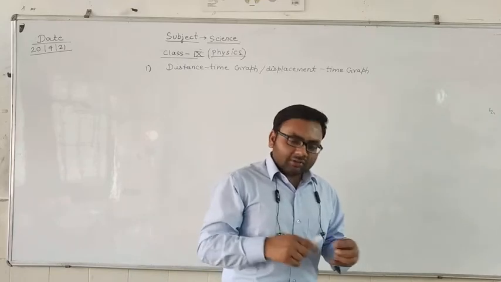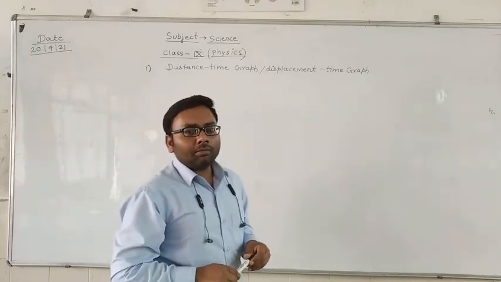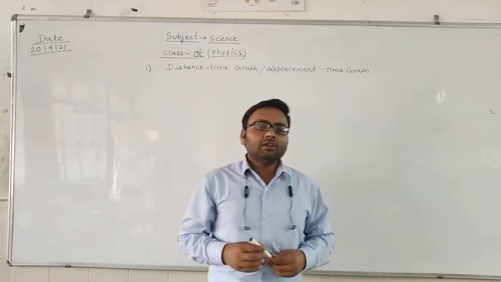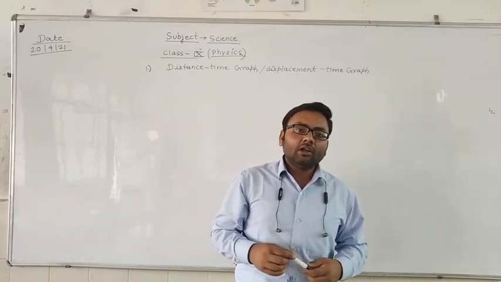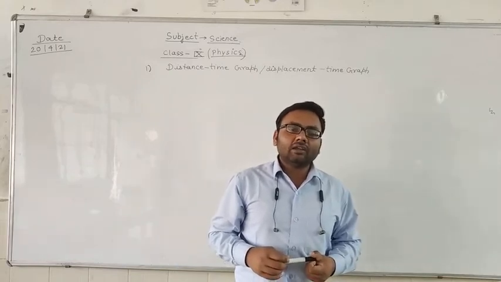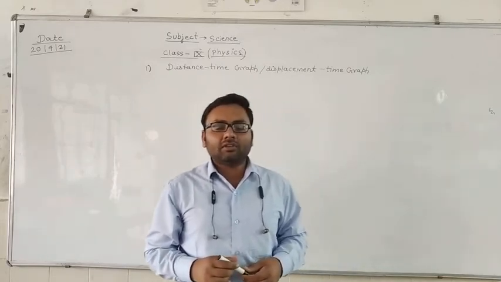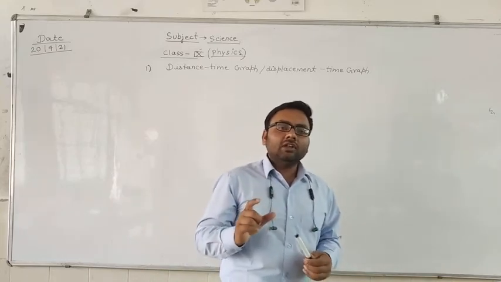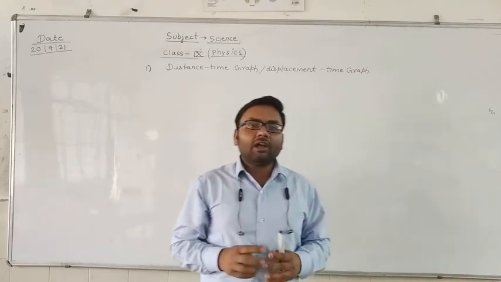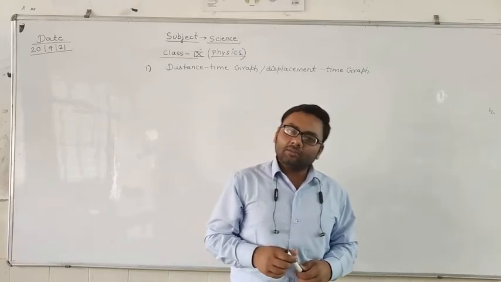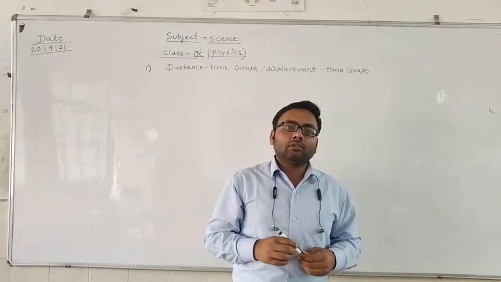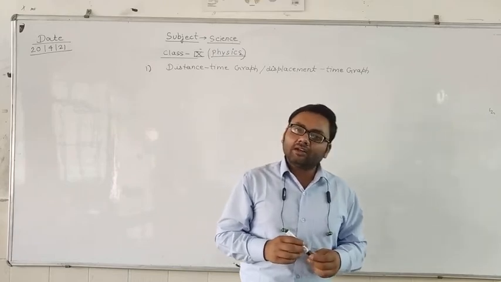What we have to discuss now is the slope of the graph, what we get by finding the slope of the distance or displacement time graph, and also what we obtain when we find the area under the graph. These two things we will discuss for each and every graph, for velocity time graph as well as for distance or displacement time graph. So we are going to discuss about the slope of the graph and the area under the graph.